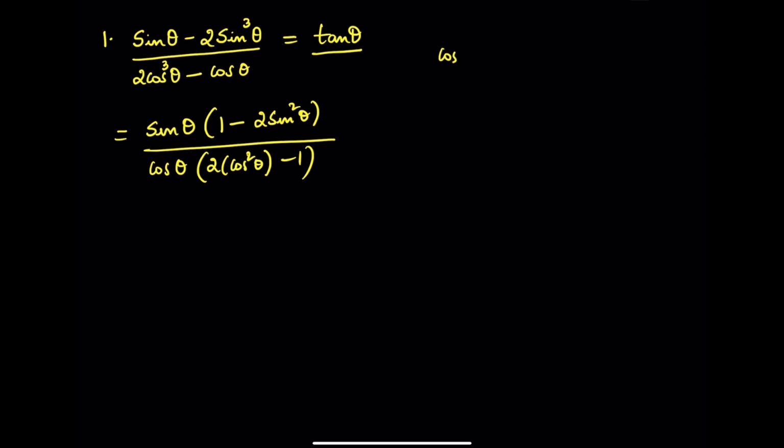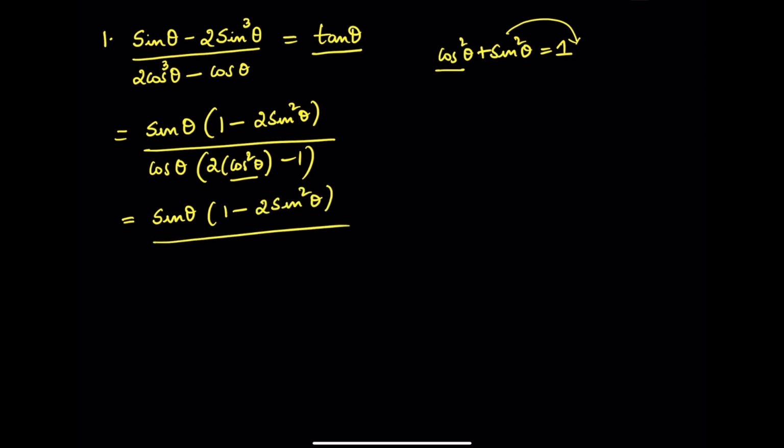Now cos² θ plus sin² θ is equal to 1, so cos² θ can be replaced as 1 − sin² θ. Let's replace that here. So this will be sin θ times (1 − 2 sin² θ) divided by cos θ times (2 times (1 − sin² θ) − 1).